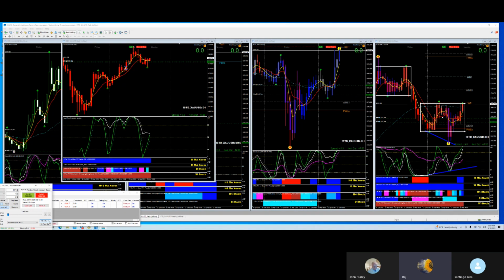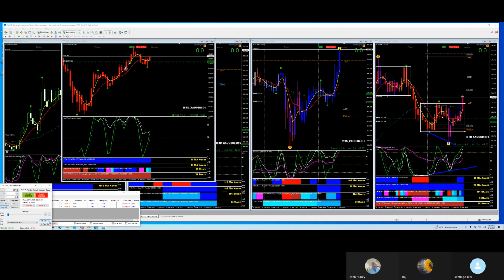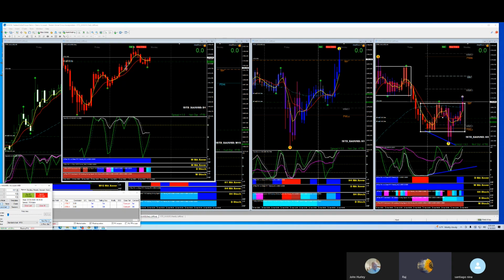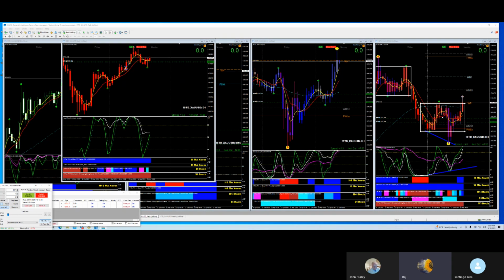It's another way to look at it. You went from magenta to cyan, which means the 5 basically formed a peak somewhere on the daily. There you go, there's your buy trade. And it'll be a buy trade till you get a one ball on the daily.